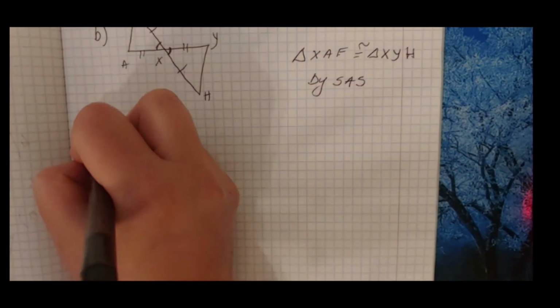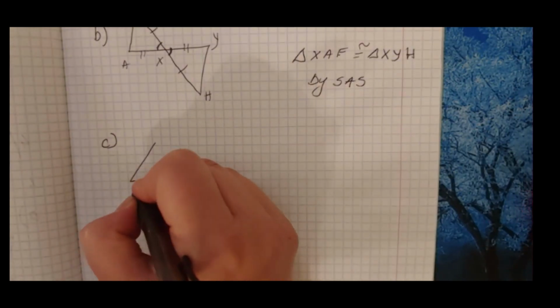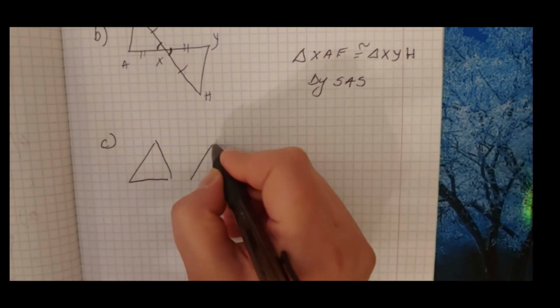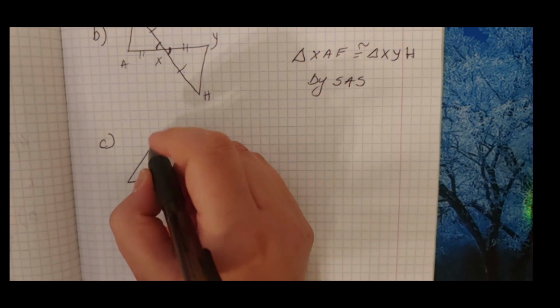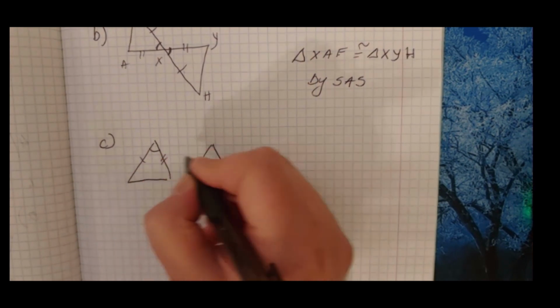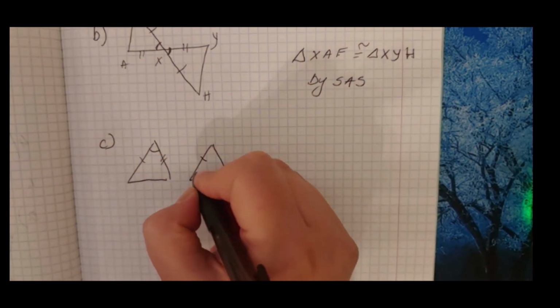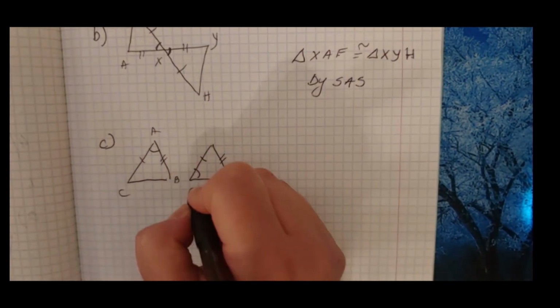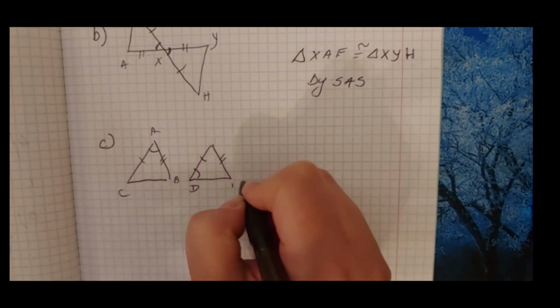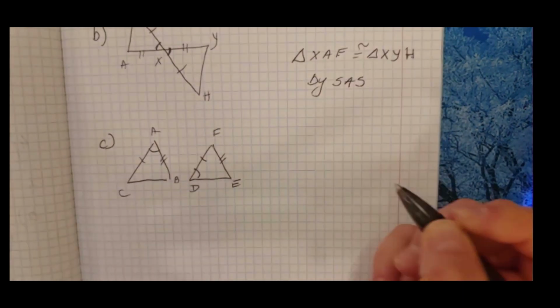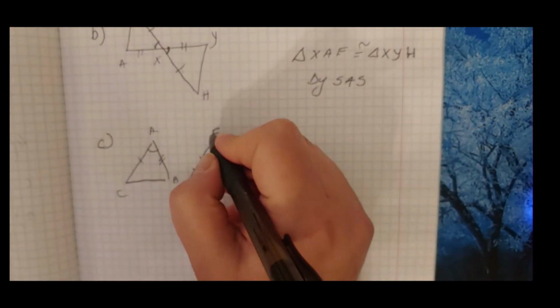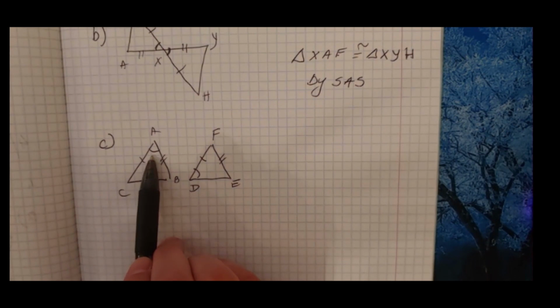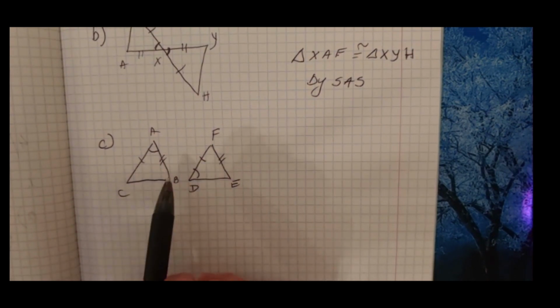Okay, you have to be very careful with this because sometimes they're going to trick you. Okay, A, B, C, D. What do I see? They have two sides and an angle.